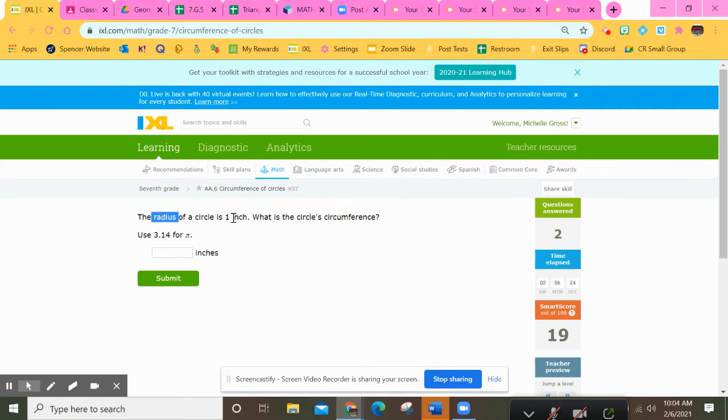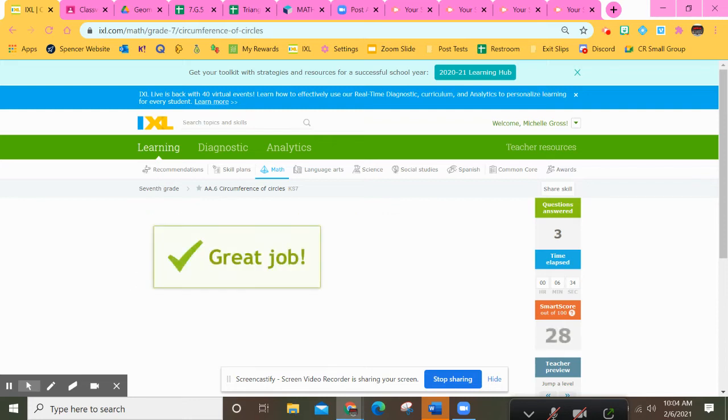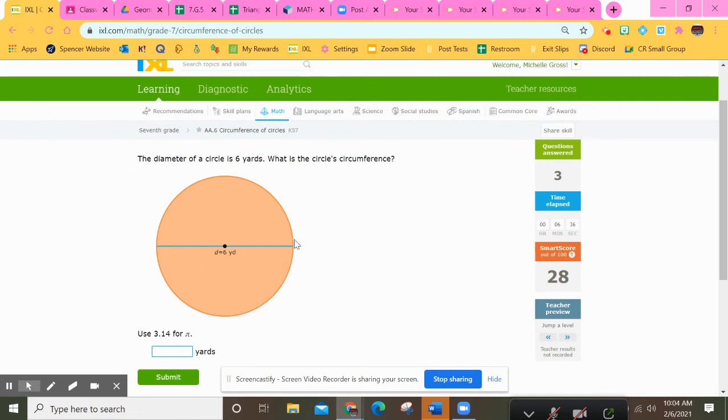So if the radius is 1, the diameter is 2. So we're going to do 2 times 3.14, and we get 6.28. And this one, we have its diameter, which is 6, so we're going to do 6 times 3.14. I think we had that one before. 6 times 3.14 is 18.84.